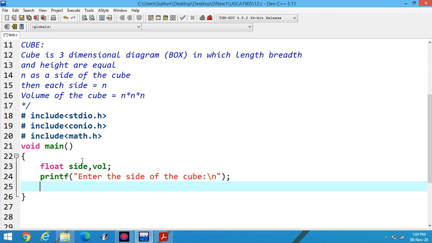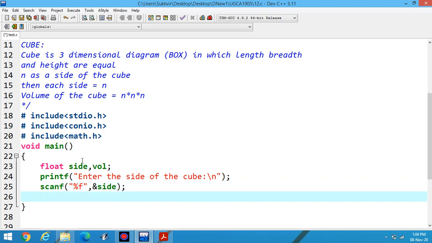First of all, we have to enter the side of the cube from the user side. After that, calculation of volume should be there. Scanf, %f, then ampersand side. In this way, you can enter the data from user side.